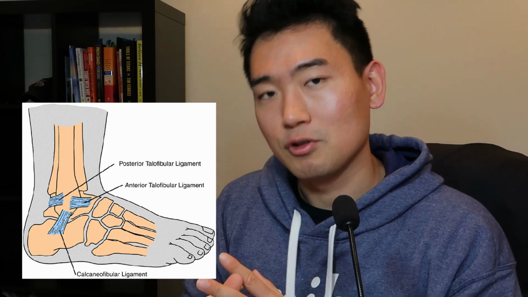So with this kind of mechanism of injury, we can suspect a sprain of one of the ligaments on the lateral side of the ankle because it was an inversion injury.